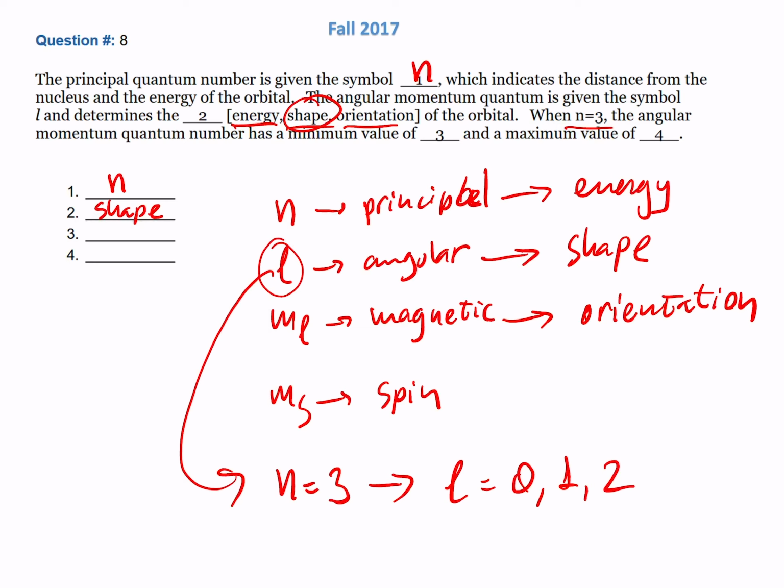Therefore, the answers here are: the minimum value is 0 and the maximum value is 2. Remember, this is for n equals 3. If we were changing that number, then you have to adjust your answer. But L will always have the minimum value of 0.